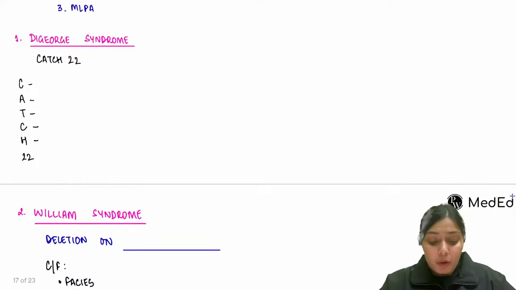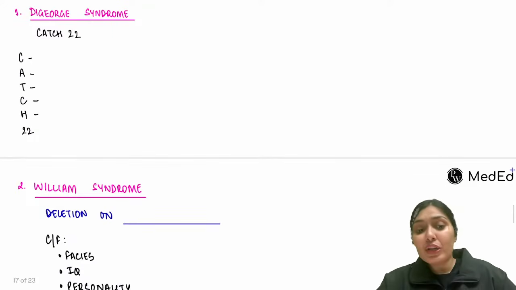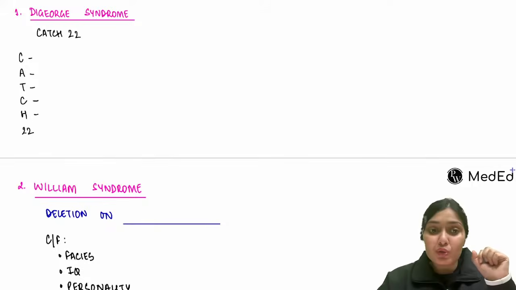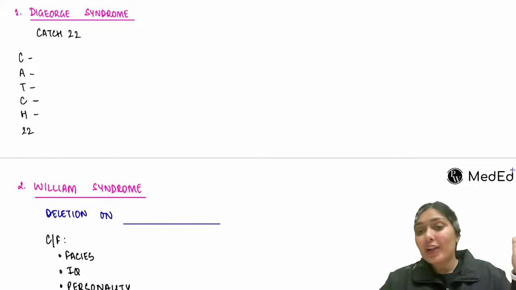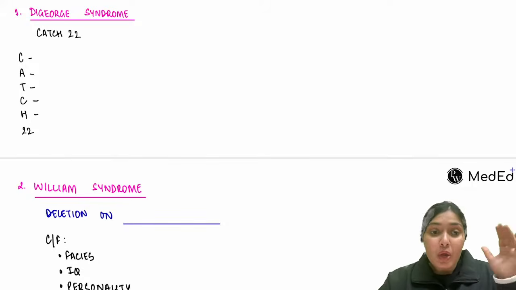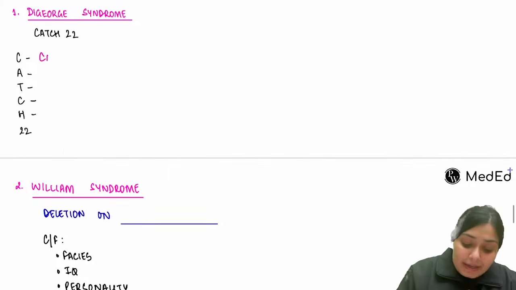Now let's talk about these microdeletion syndromes. In this, I want to discuss two syndromes, DiGeorge and Williams. In DiGeorge, what do we all see? We see CATCH-22. This is the mnemonic CATCH-22. C stands for cardiac problems. A is abnormal facies.